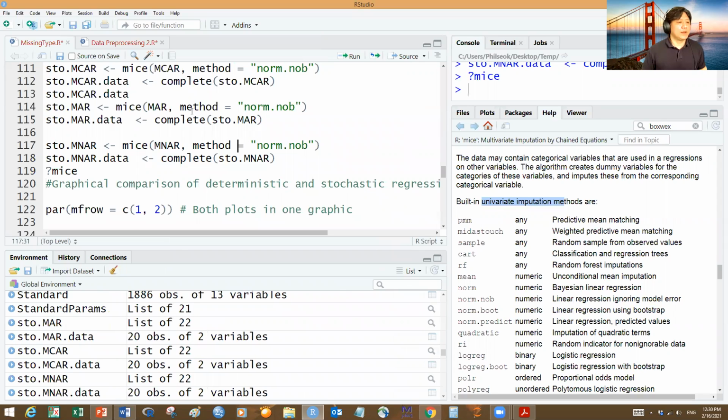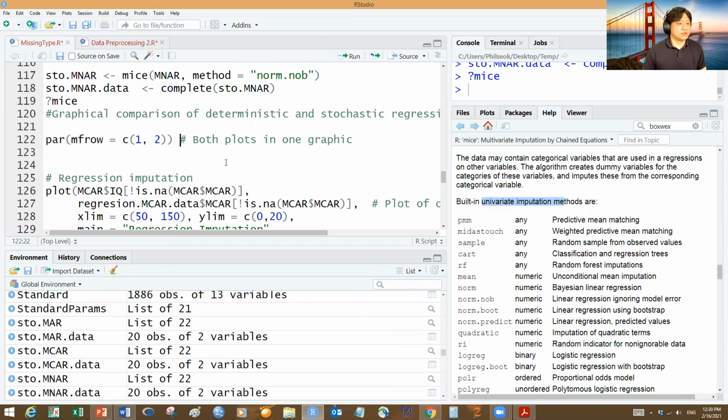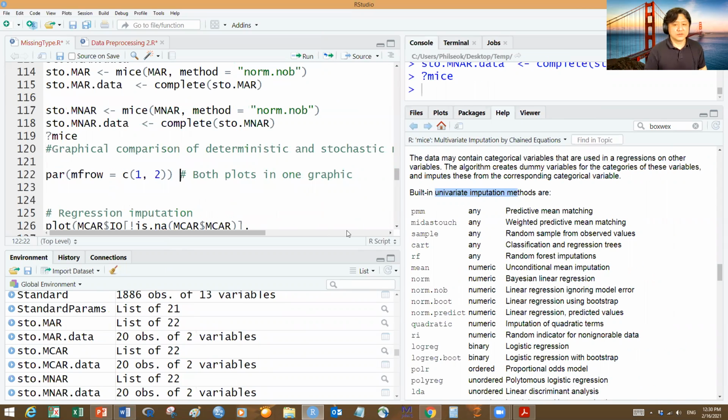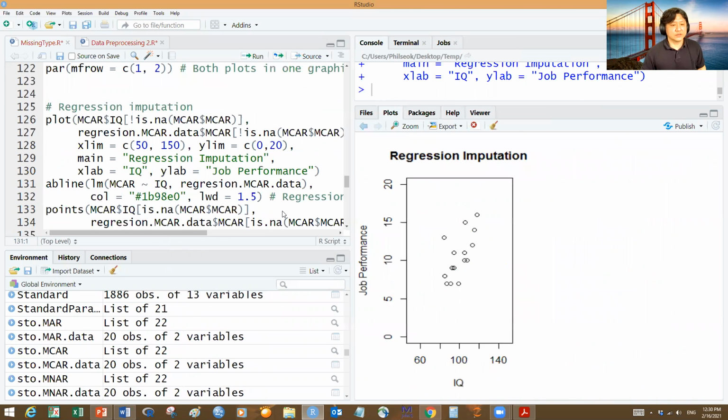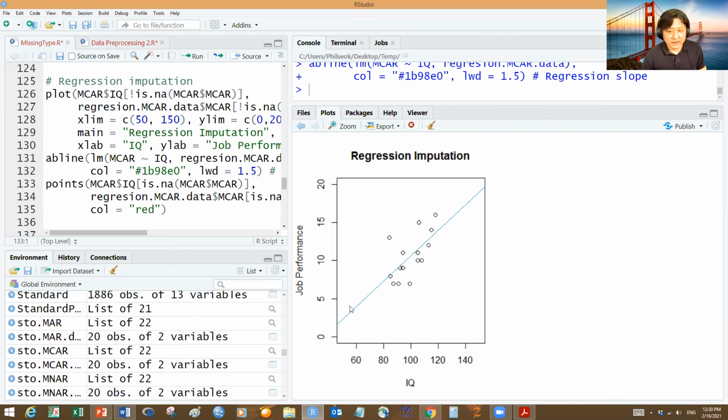Now I will show you the graph. Please don't focus on the coding here, just focus on the graph. I will plot it. This is our regression imputation first. I plot the regression line, and then we plot the missing values.